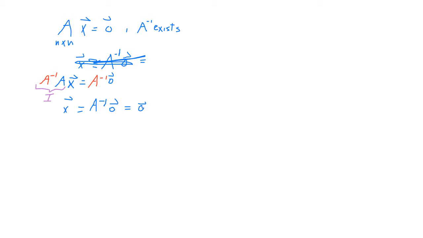Okay, so the point is, for that vector equation, if A inverse exists, that implies that the only solution for x is the zero vector, right?